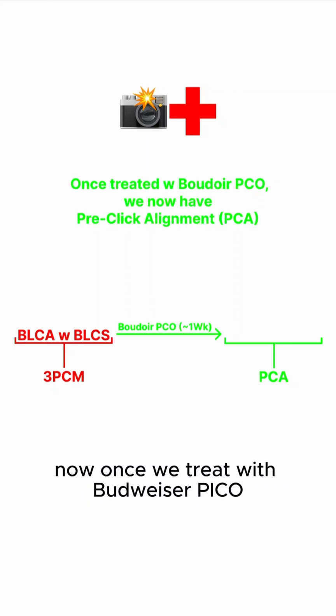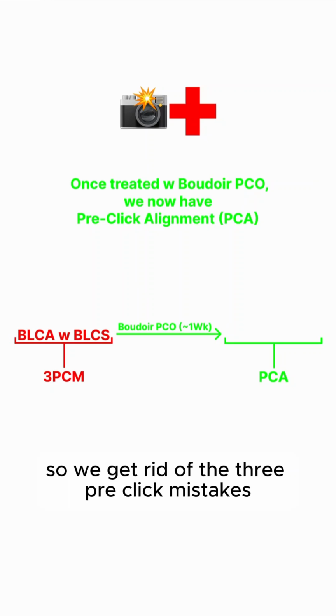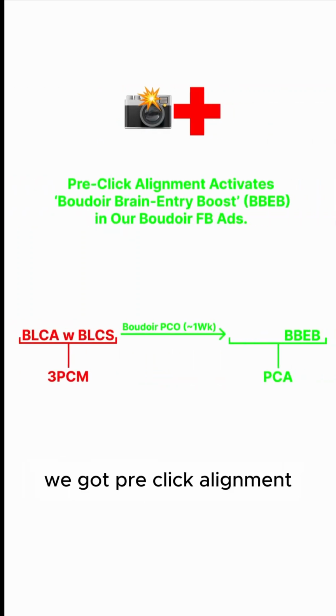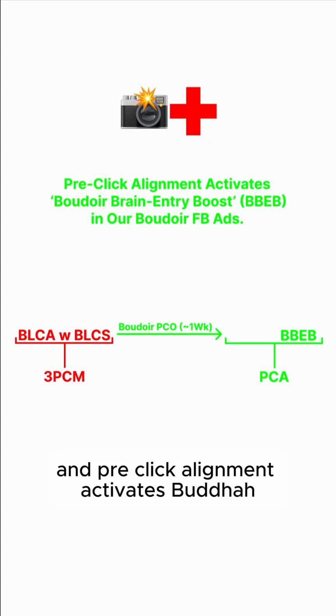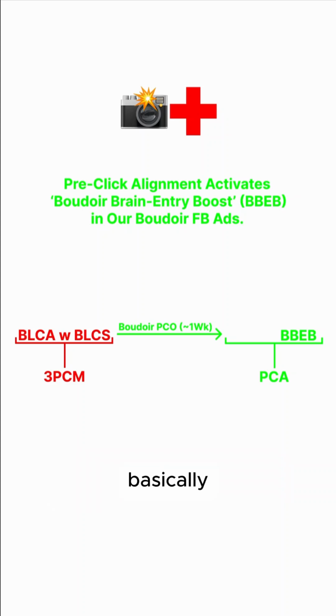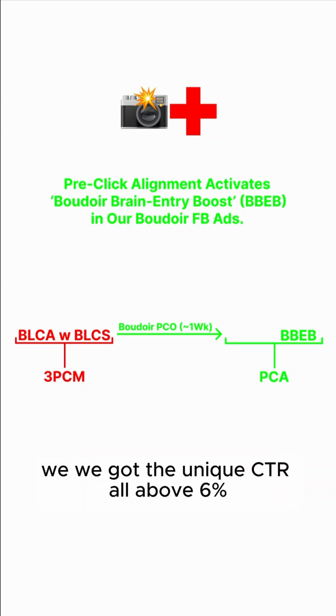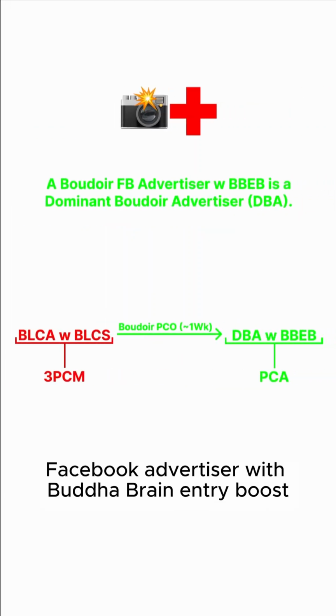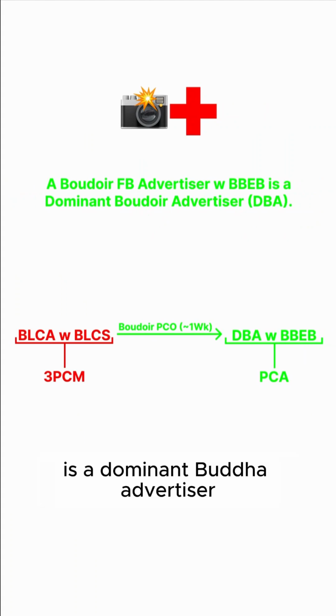Now, once treated with boudoir Pico, we have pre-click alignment, PCA. So we get rid of the three pre-click mistakes, we get pre-click alignment. And pre-click alignment activates boudoir brain entry boost in our boudoir Facebook ads. Basically, we've got the unique CTR all above 6%. And a boudoir Facebook advertiser with boudoir brain entry boost is a dominant boudoir advertiser, a DBA.